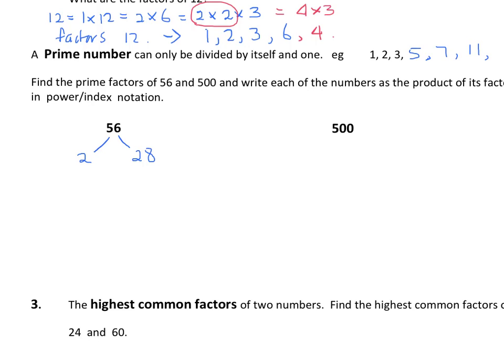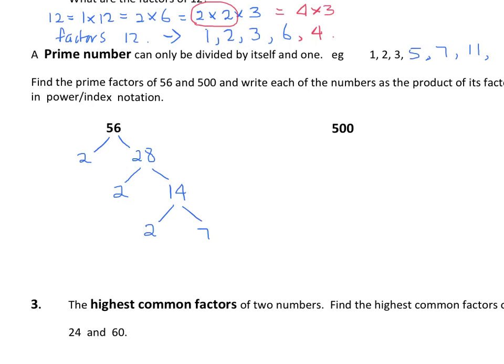Does 2 divide into 28? Yes, it does. 2 times 14 is equal to 28. Does 2 divide into 14? Yes, it does. 2 times 7 is equal to 14.